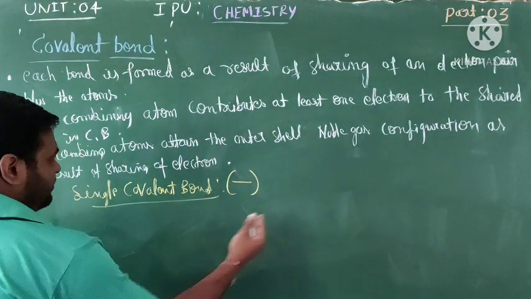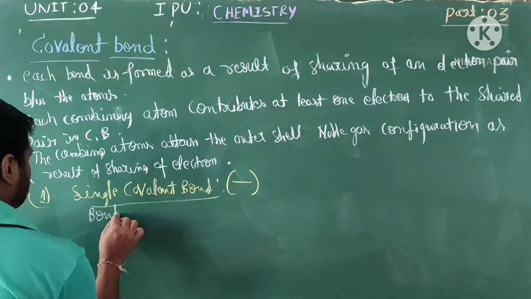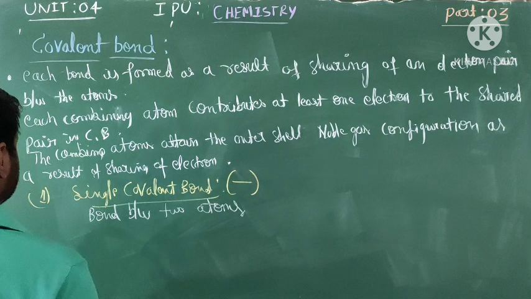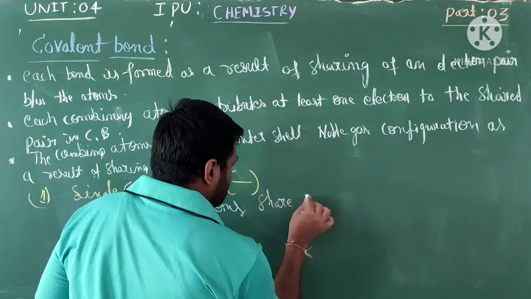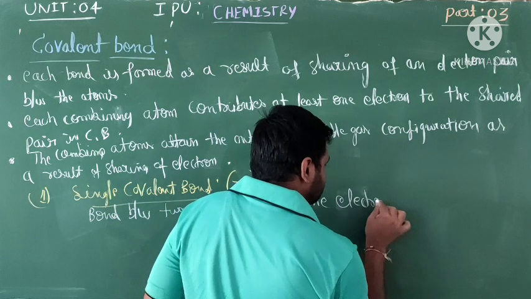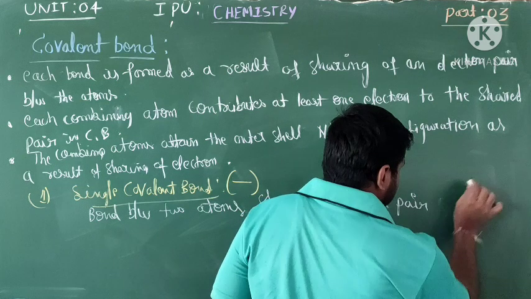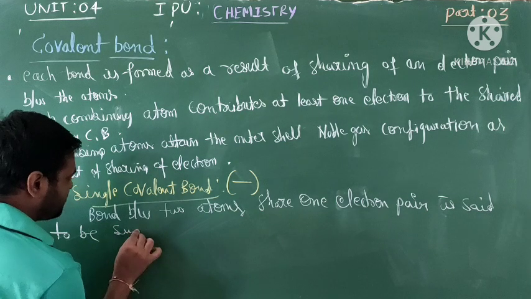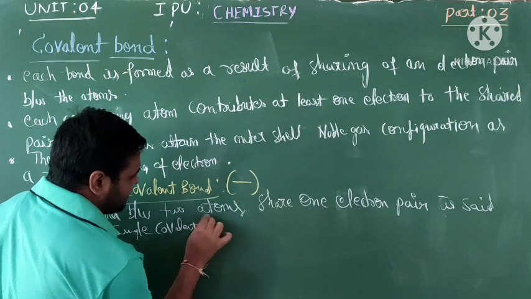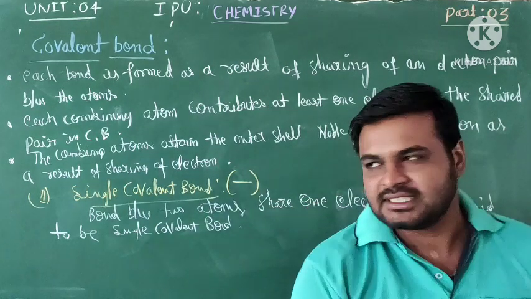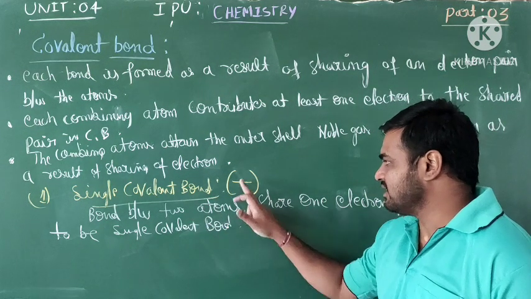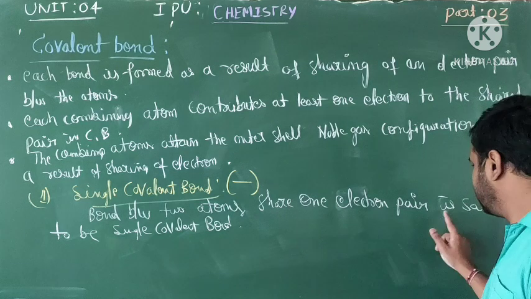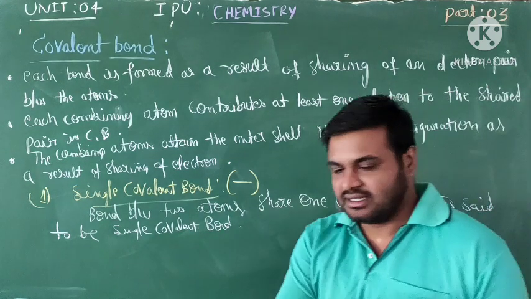It is the bond between two atoms that share one electron pair. A very simple definition: a bond between two atoms sharing one electron pair, at least two electrons, is said to be a single covalent bond. Let me go for examples.